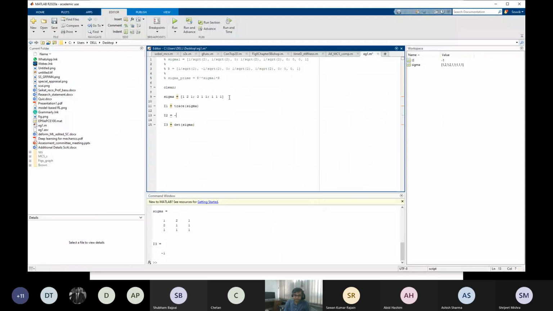Minus 3, right? So this is your equation, and I want to solve. So let's say sigma p, and if I'm not wrong, this is the command: minus I1, I2, minus I3. And let us see if I'm using the correct command or not.